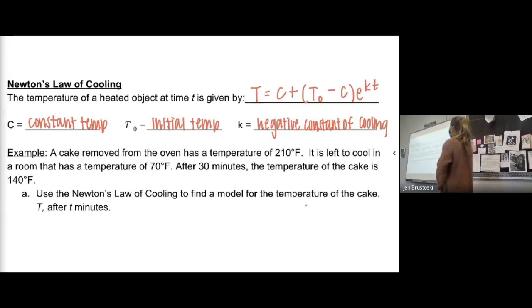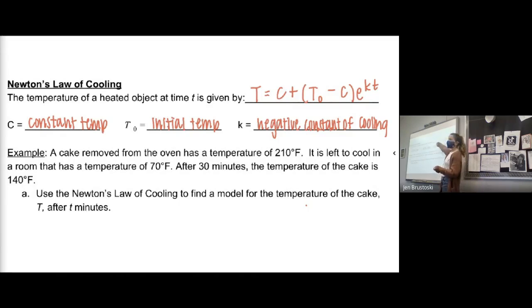Okay, so Newton's law of cooling, the temperature of a heated object at a time t is given by T equals C plus T naught minus C e to the kt. So C is going to be the constant temperature or the temperature of a room. So like in here it's probably 70. Then your T naught is your starting temperature of the object.